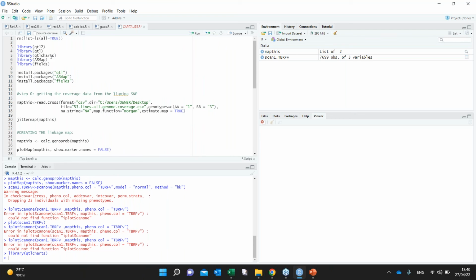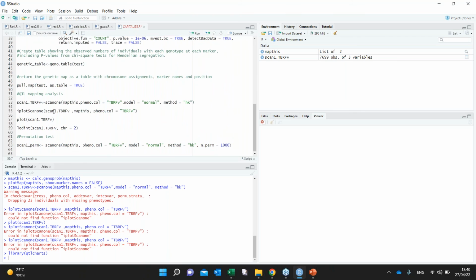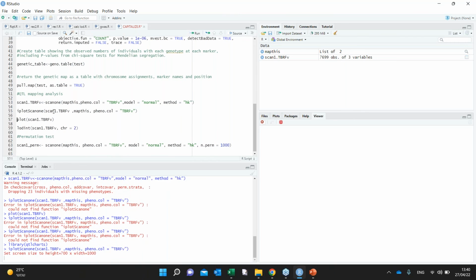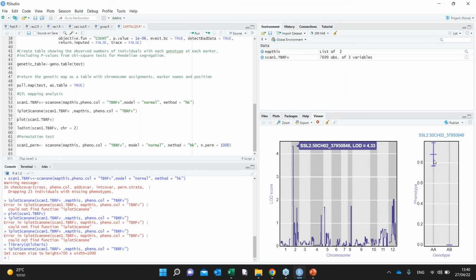I forgot to run the command of the QTL chart, but now I can see the effect of the QTL of the markers. Okay, so chromosome 2, if I click on this significant marker, I can see an ANOVA test.